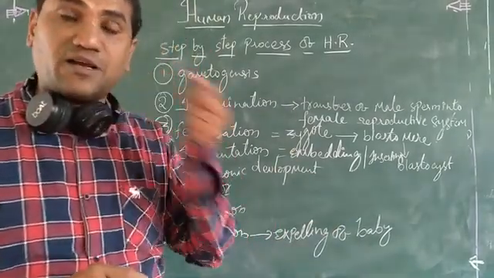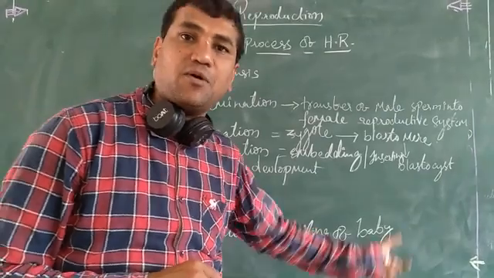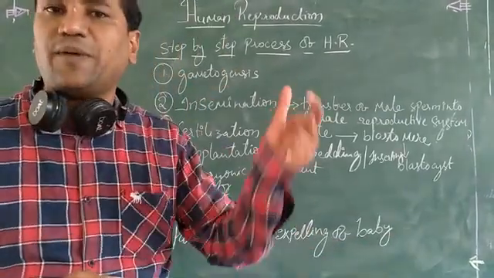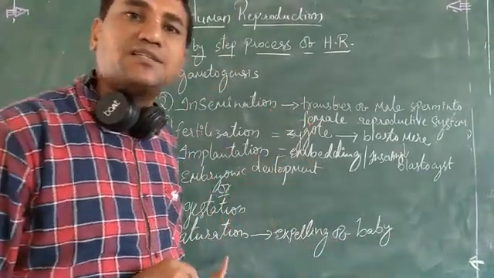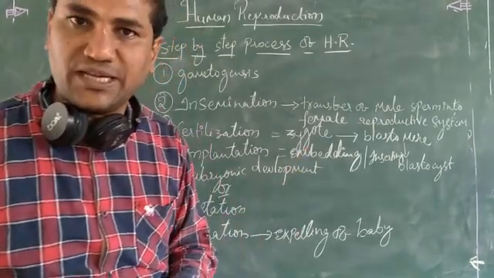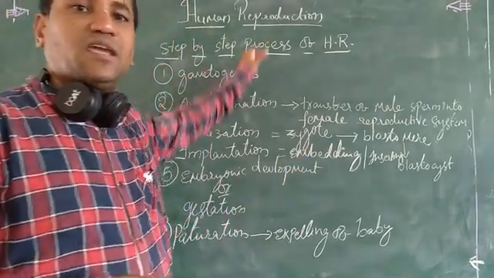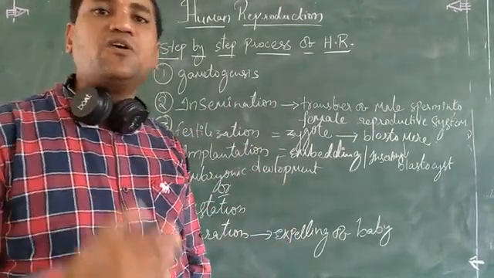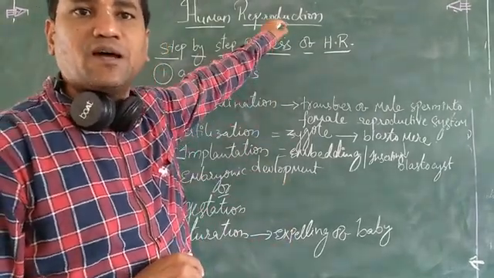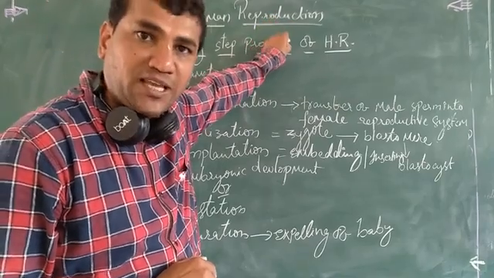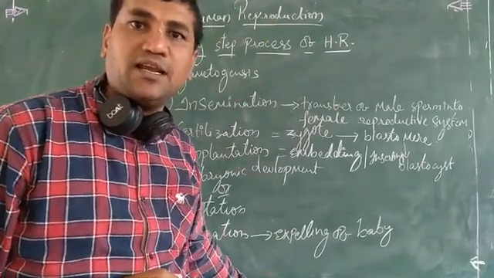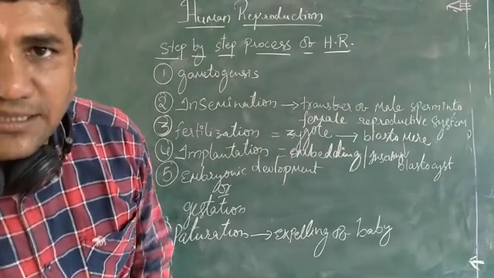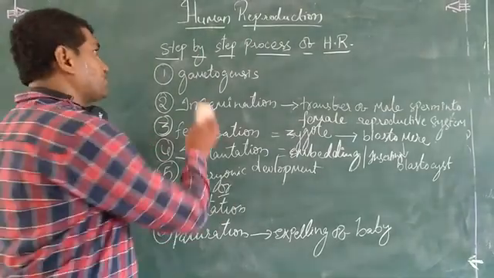As a result, the baby will come out, and the reflex is called the parturition reflex, and the process is called parturition. So these are the step by step events taking place in the process of human reproduction, from the small reproductive cell formation to the childbirth.